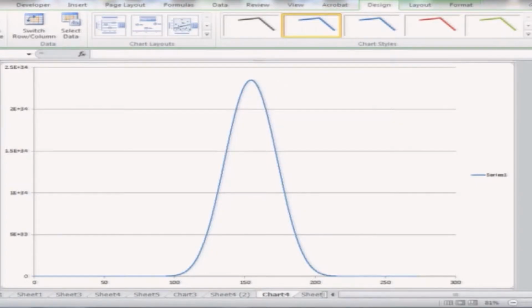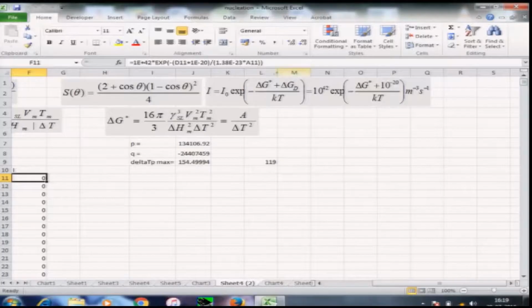So, what we have here is that there is a critical undercooling beyond which the nucleation rate starts to increase rapidly. It goes through a peak, and then with further undercooling the nucleation rate goes down. Why does that happen? This increase can be explained by the fact that as the temperature goes down, in the nucleation rate equation, delta G star starts to drop.